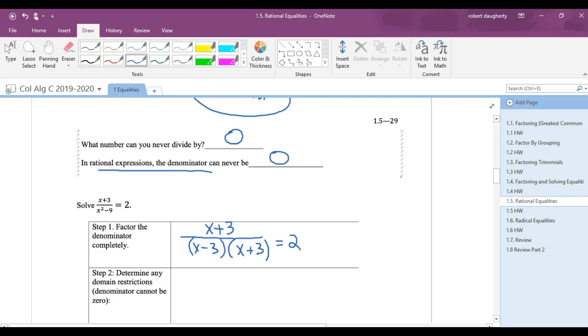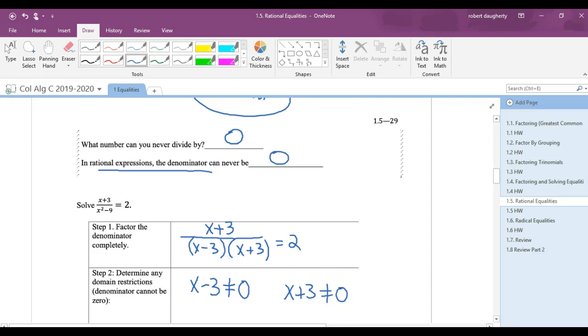Okay. Now, before I do anything, determine what the restrictions are. The restriction is the denominator can never be what? 0. So that means that x minus 3 cannot be what? x minus 3 can't be 0, and x plus 3 cannot be 0.